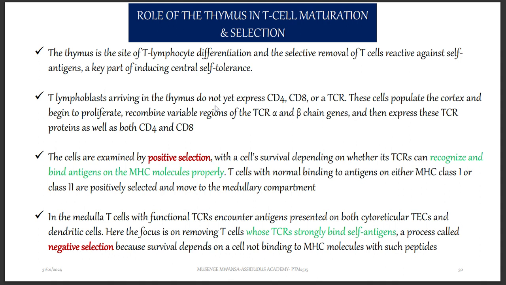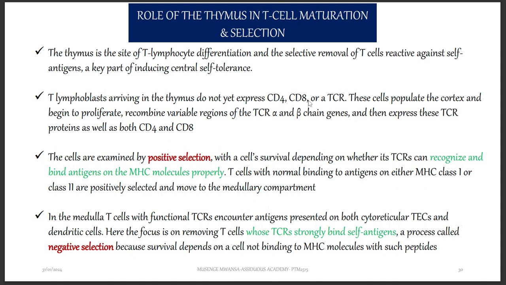Just know that the T cells do not express CD4 or CD8. These CD4 or CD8 are important in recognizing anything that has to be fought. Imagine you know that this thing does not belong to this body and you want to fight it. How do you fight it? You need the CD4 and CD8 proteins.